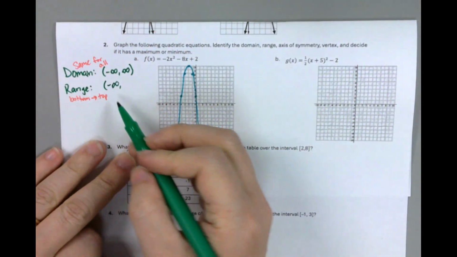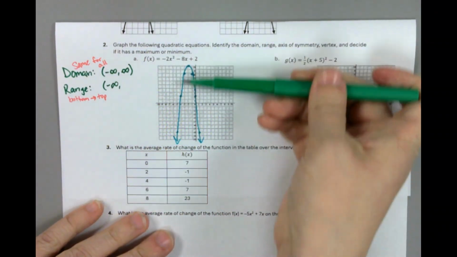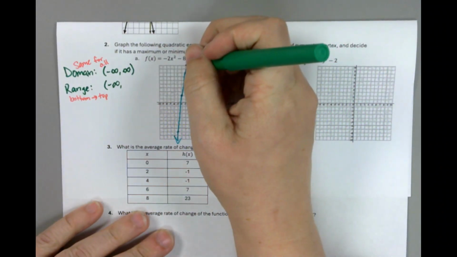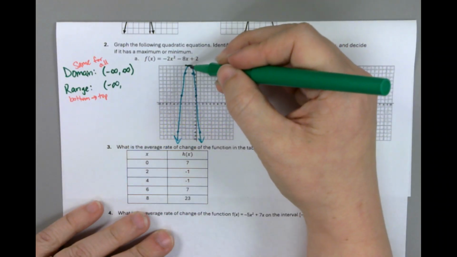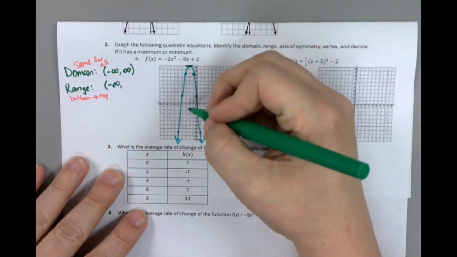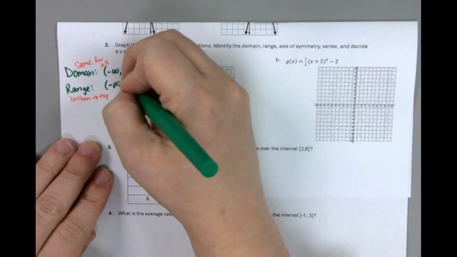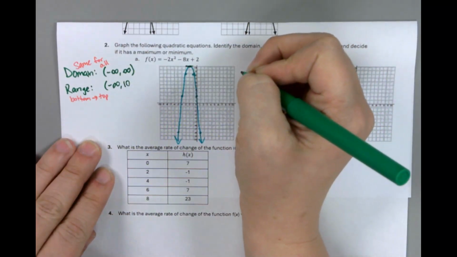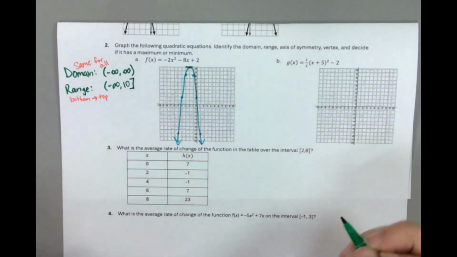It's a parentheses because we can't actually get to negative infinity. As we move up to the top, we do hit a top point, and not just because our graph runs out, but because this is our highest point. So we go up to a y value, range is all the y values, of 10. We do have a point where y is 10, so that gets a bracket. So that's domain and range.